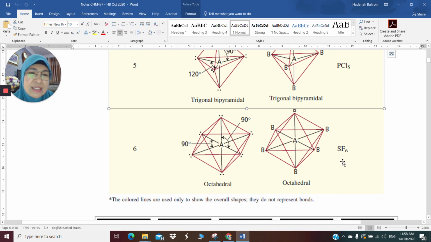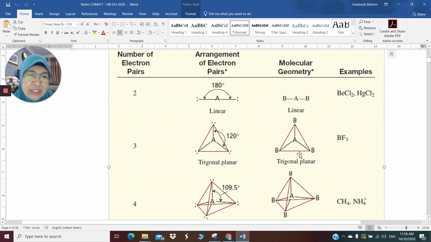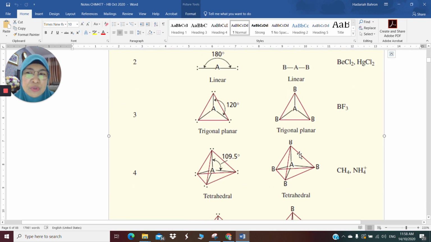So you must be familiar with these shapes and be able to draw them and name them and state what the angles are, so you can determine the shape of your molecule. For example, methane.